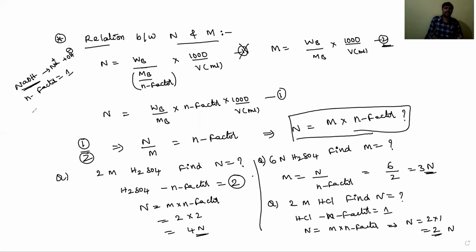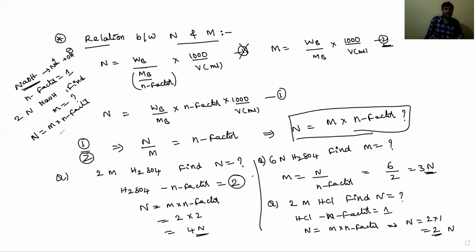Now, for example, 2 normal NaOH is present. Find the molarity. Normality is equal to molarity into n factor.